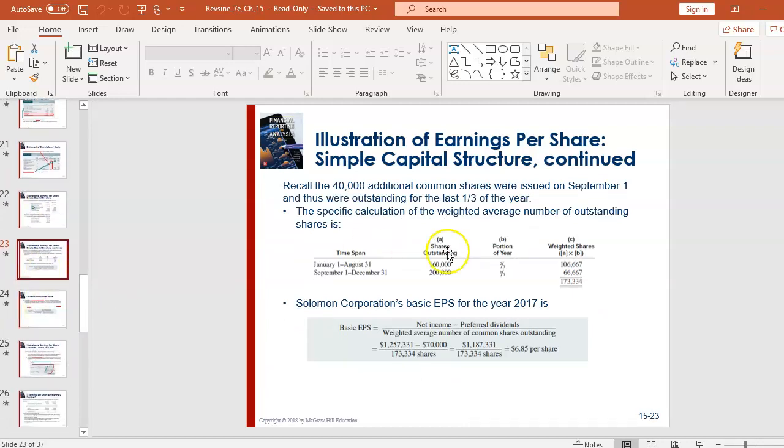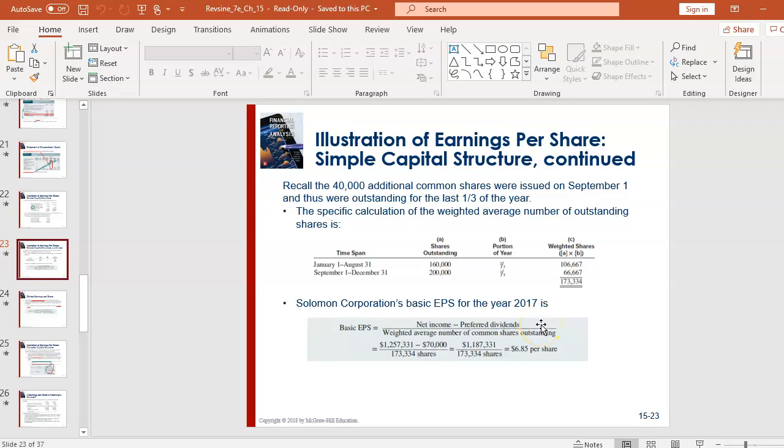Okay, and then so that company's equity structure changed during the year, and what that means is that you have to do what they call the weighted average shares outstanding. And so you can see here the earnings per share calculation. You take your net income and you subtract anything that would be preferred dividends.